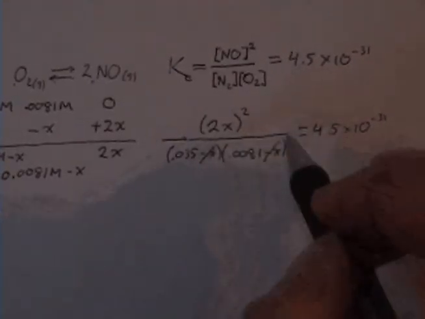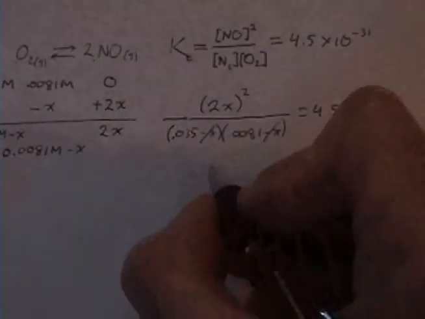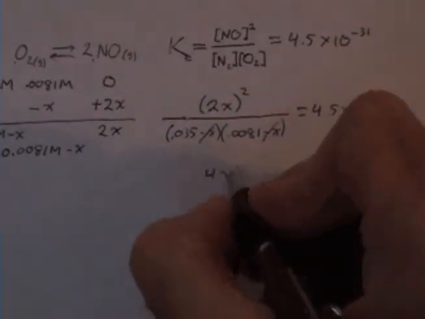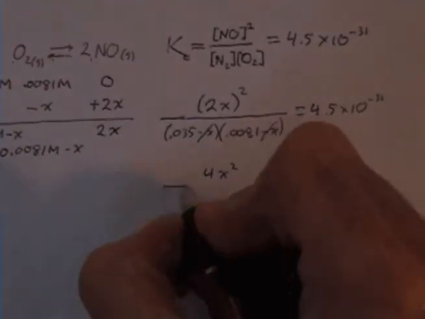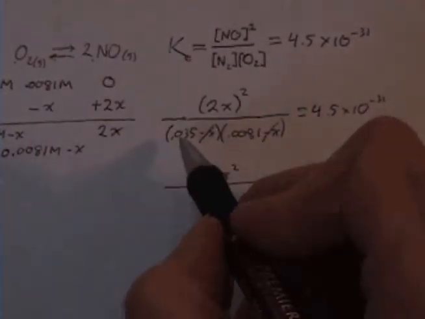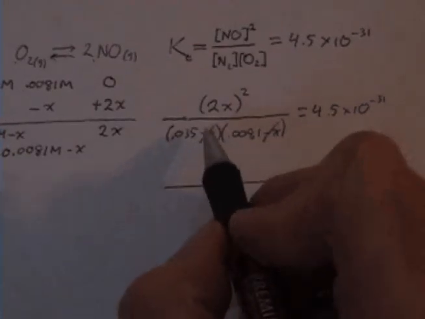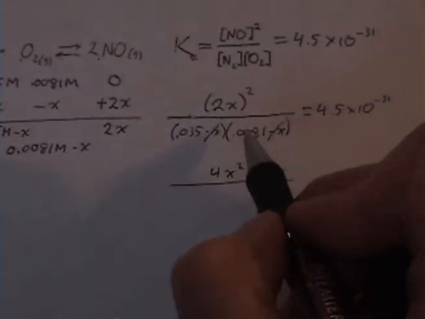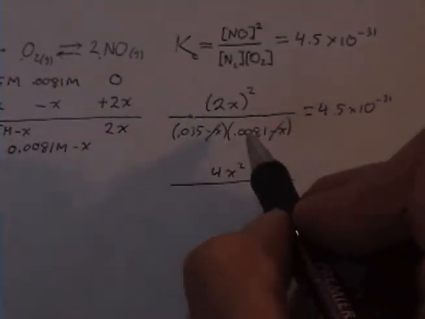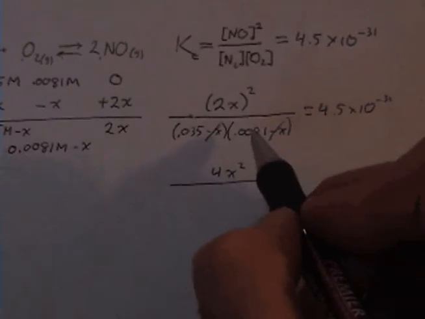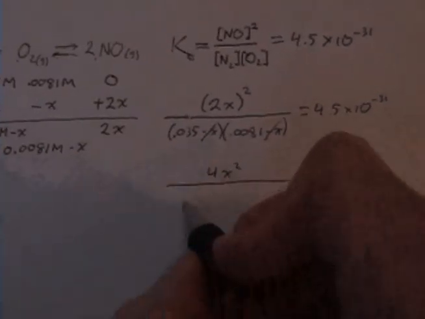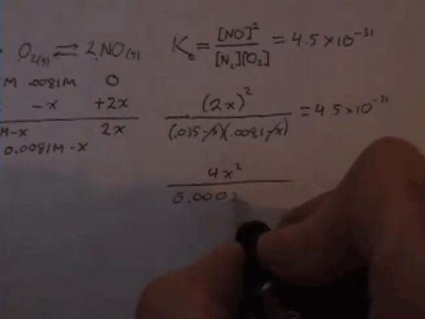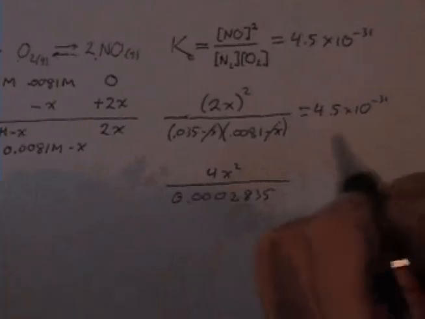We just do that, and that simplifies this quite significantly, because up on the top 2 squared is 4, so this will be 4x squared, divided by 0.035 minus 0, so that drops out, times 0.0081. So 0.035 times 0.0081, and what I end up with on the bottom is 0.002835.